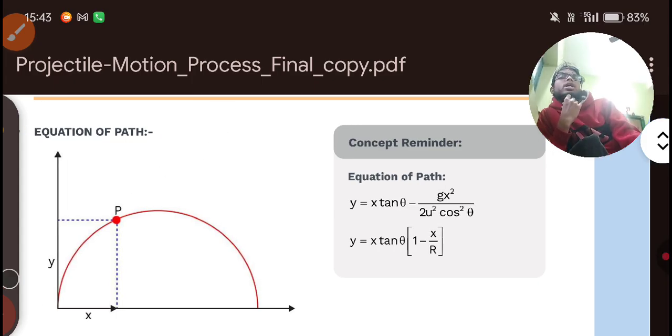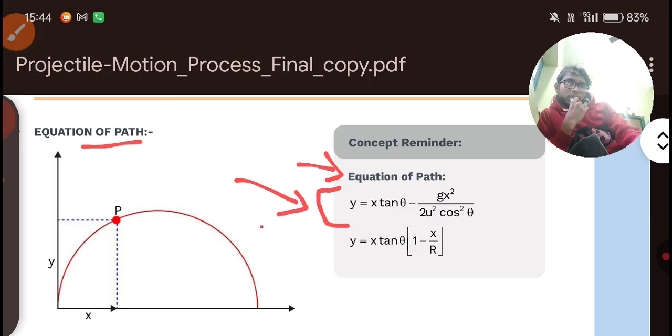Equation of a path. This equation of a path is known as the trajectory equation. Concept reminder: this is the equation of a path, which gives you a quadratic equation.